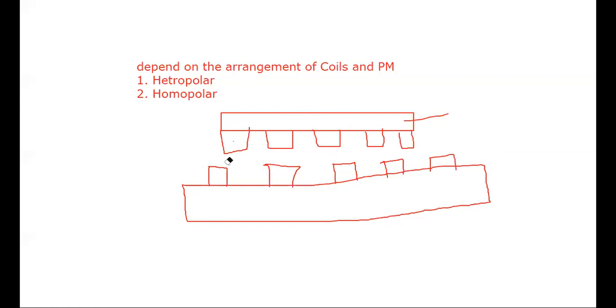Then we are having only the armature winding in the primary. But in order to produce a force, this armature flux has to be interlinked with some other flux. So that depends upon the magnets. So this magnet will be available here.